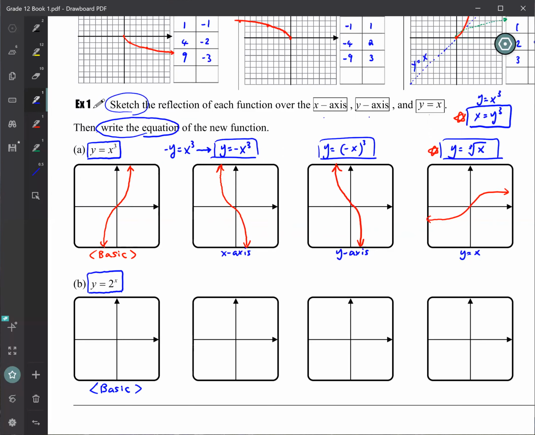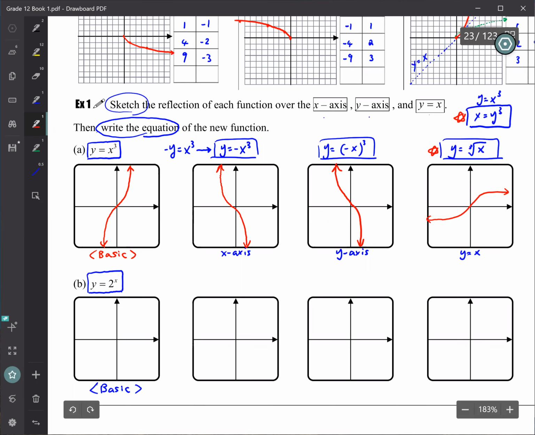Exponential. Okay, I will do the basic for you.